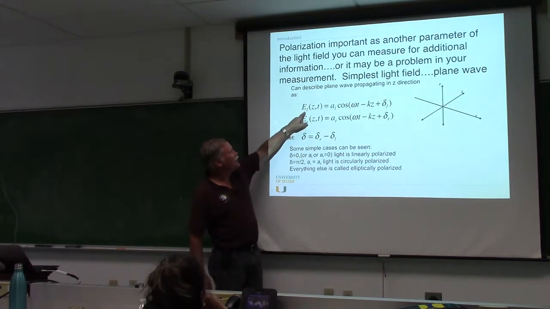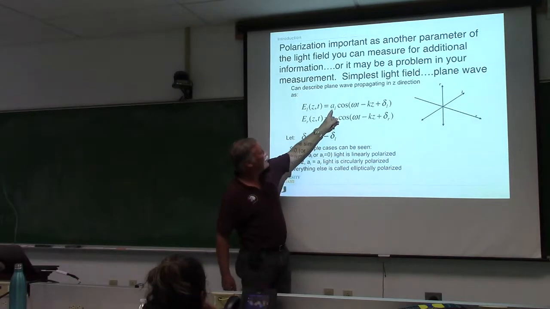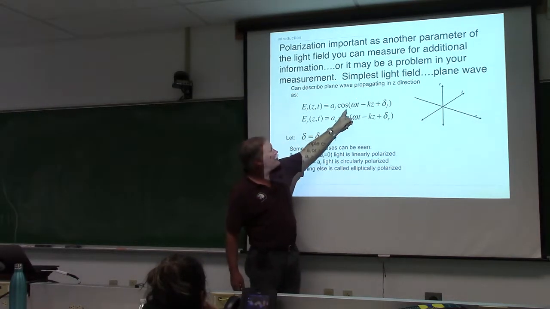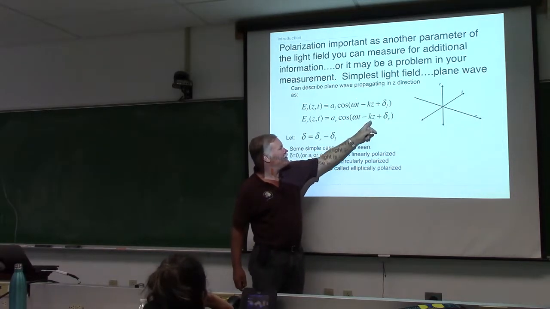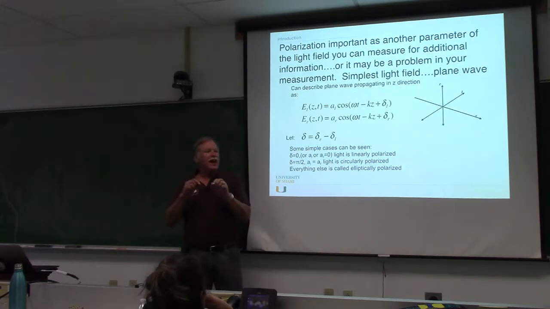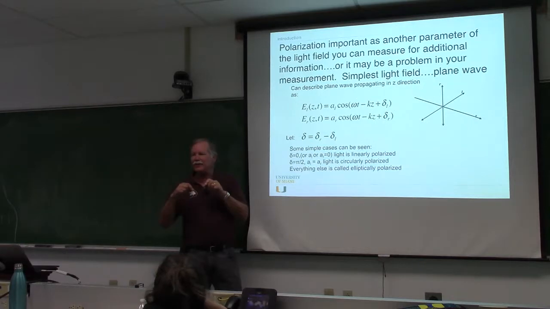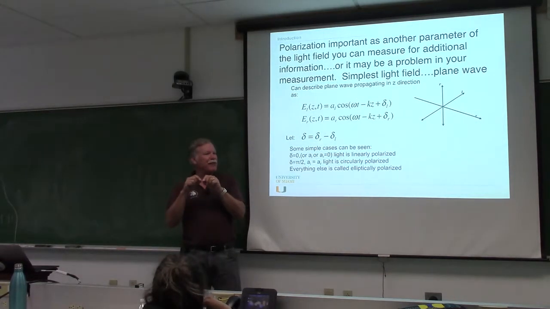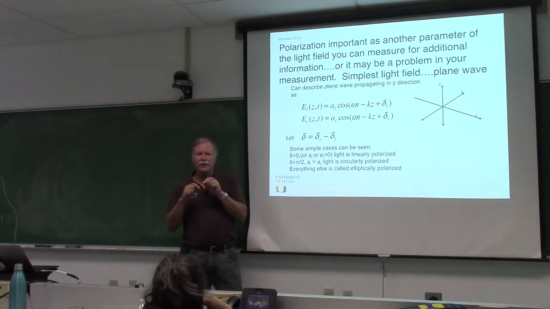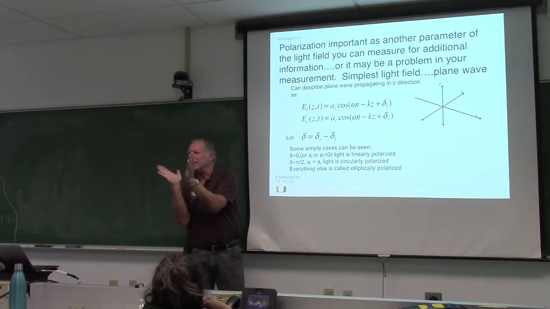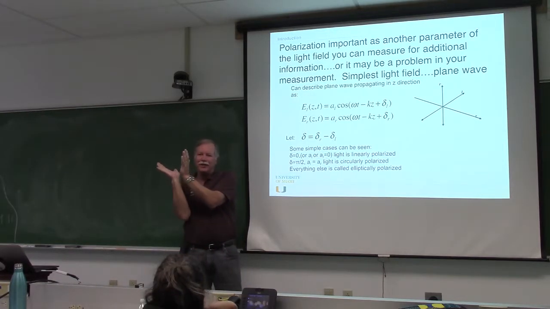We're left with AL cosine(omega t minus kz), AR cosine(omega t minus kz). As time goes on in one spot, say z equals 0, what's going to happen to the amplitude in the L and the R directions? Constructive interference. Constructive, but they're in different directions. You can't get interference between the waves when they're polarized perpendicular to each other.